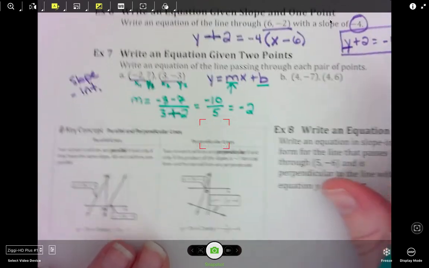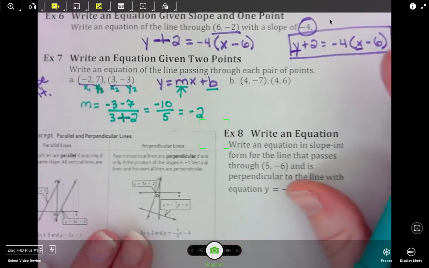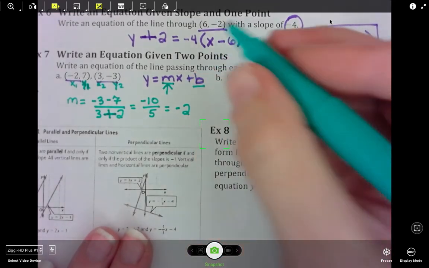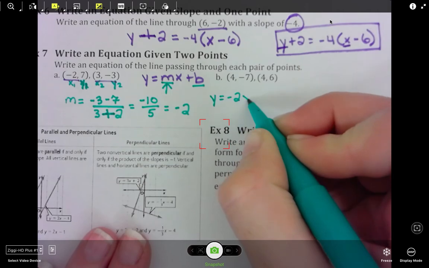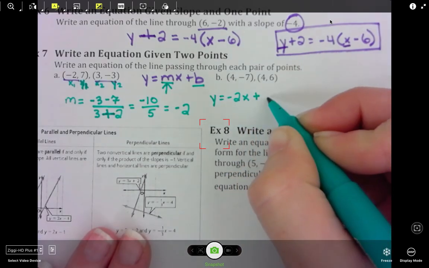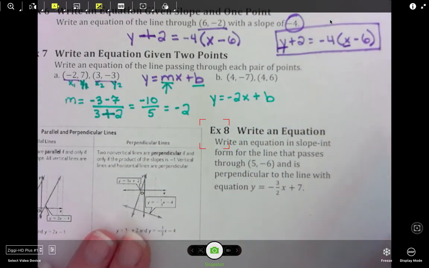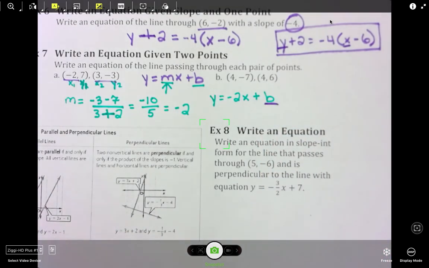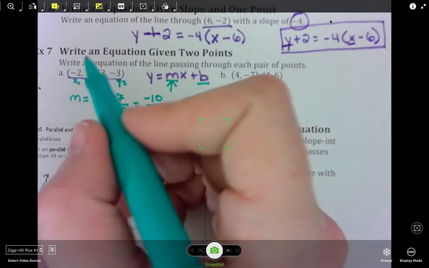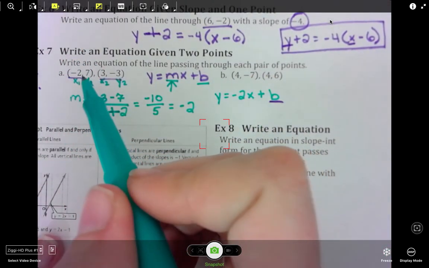All right, now I'm going to run over into b a little bit here. Now I've got -2 is what my m is, so I've got y equals -2x plus b, and the only thing I have left to find is what b is. To find b, you're going to take one of these points, and you get to choose.